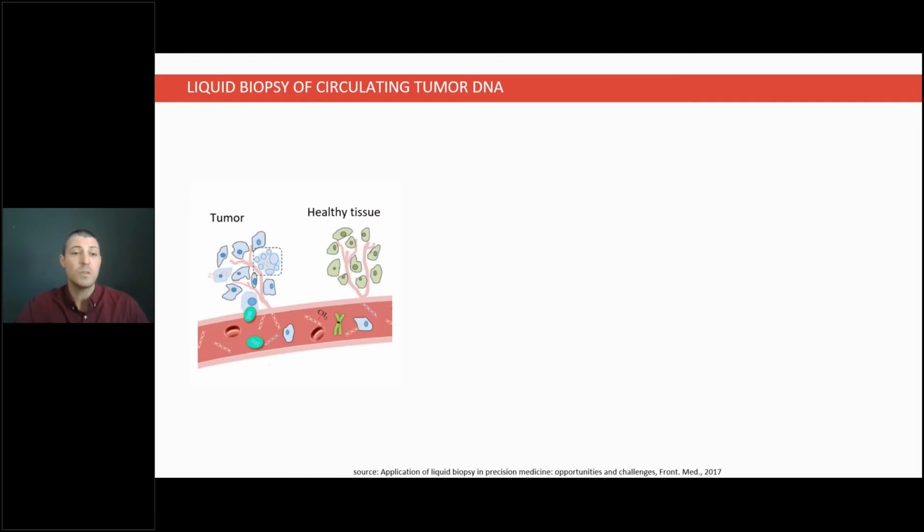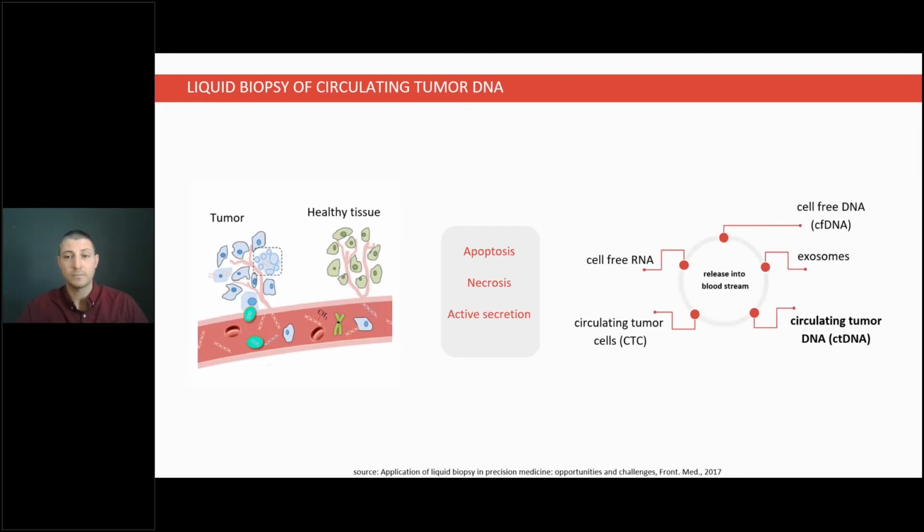I'd like to start with a short introduction into liquid biopsy. Cell components of either a tumor tissue or healthy tissue are released into the bloodstream, and this is a natural process which is triggered by apoptosis, necrosis, or even by active secretion.